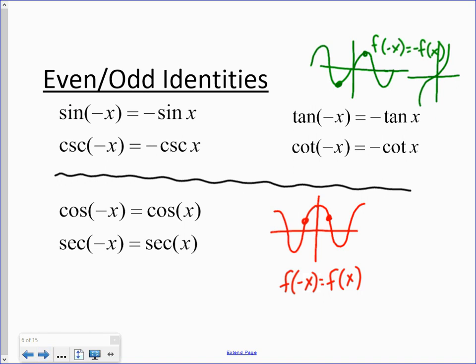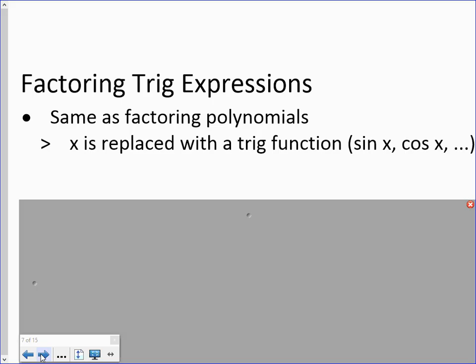Before we get into any examples, there's one other thing we want to talk about, and that is factoring trig expressions. Factoring trig expressions is something we're allowed to do. The best thing I could say is, when factoring trig expressions, think about it just like factoring polynomials.